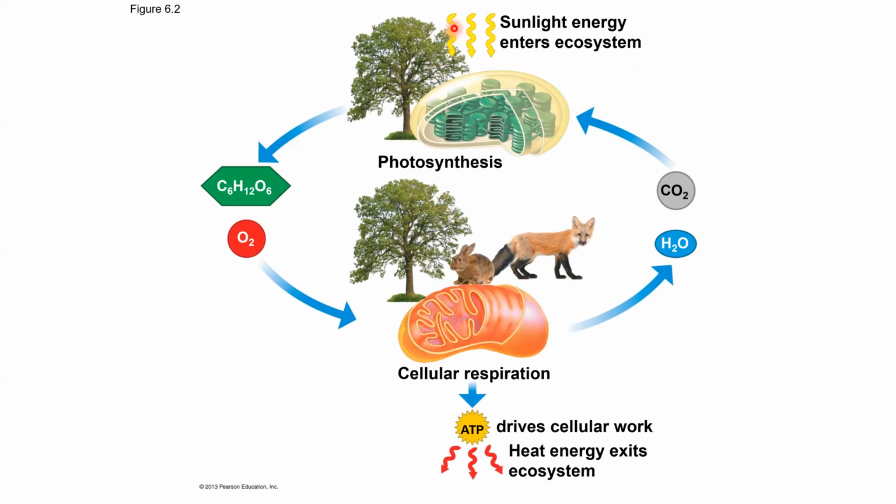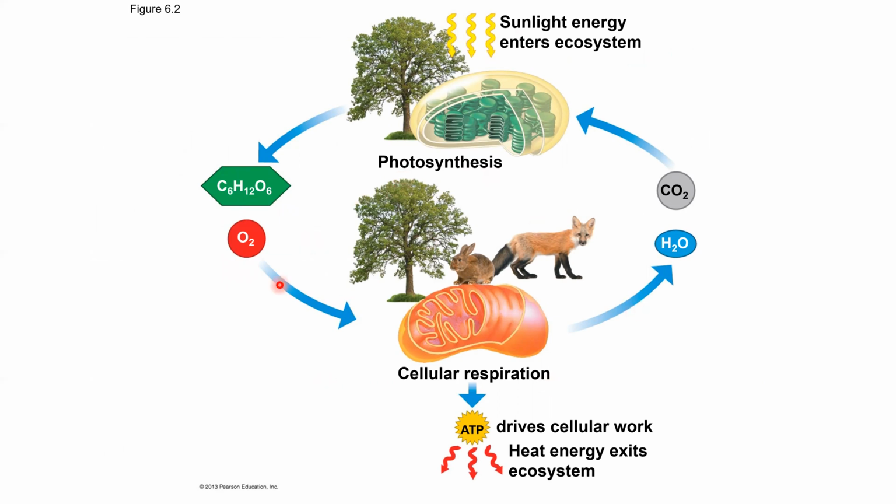So here we have light energy that enters the ecosystem. Photosynthetic organisms using chloroplasts convert this energy into energy inside food through the process of photosynthesis. Also, oxygen is a byproduct of photosynthesis.